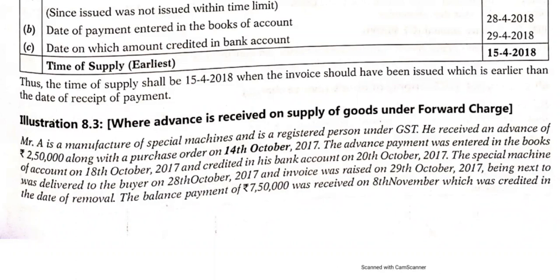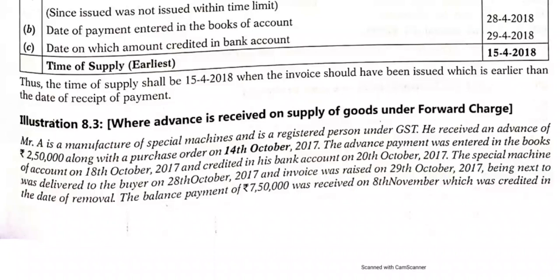The advance payment was entered in the books of account on 18th October 2017 and credited in his bank account on 20th October 2017. The special machine was delivered to the buyer on 20th October 2017 and invoice was raised on 29th October 2017, being next to the date of removal.